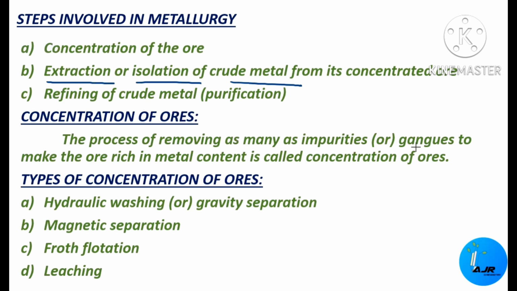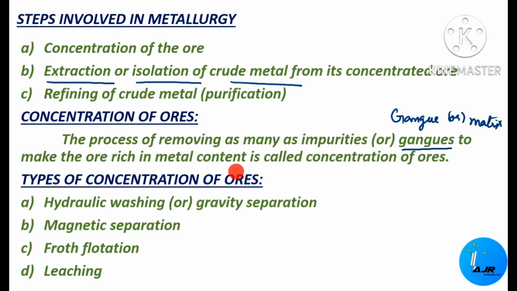So the rocky materials or non-metallic impurities or siliceous matters are collectively called gangue materials or the matrix.